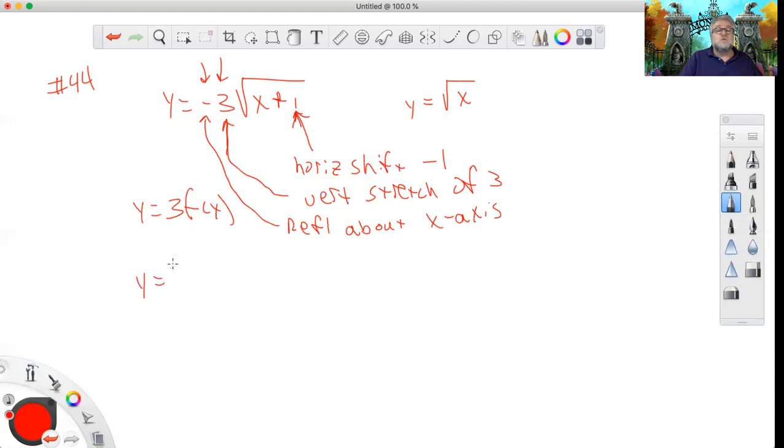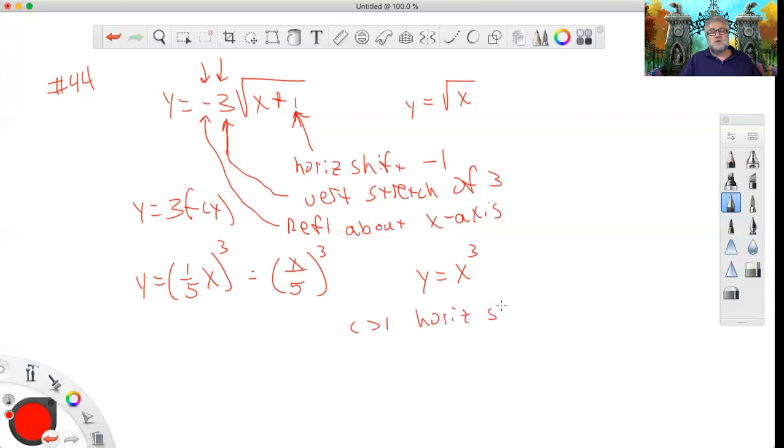Y equals 1/5 x to the third. Well, that looks like x over 5 cubed, and my base function is y equals x cubed, and I take all the translations away. So this looks like x over c, and what was the rule? When c is greater than 1, it's a horizontal shift. So this is a horizontal shift of 5.